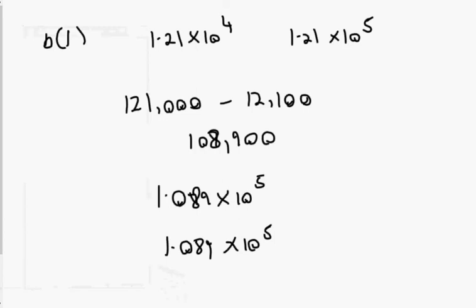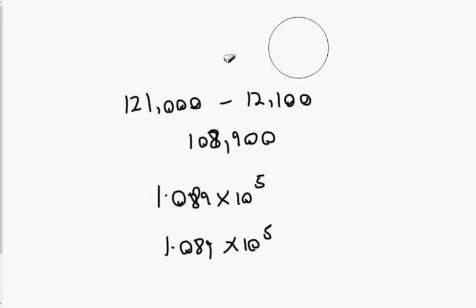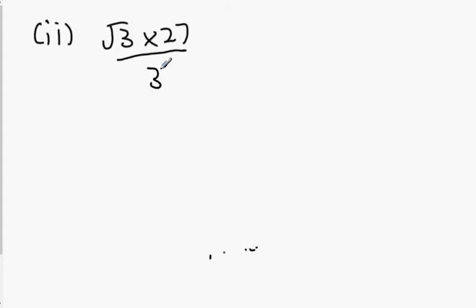Alright, next one. One of the most difficult questions in the test was answered very well, because we practiced them. Most of you actually got them out. So it's root 3 by 27 divided by 3 squared.